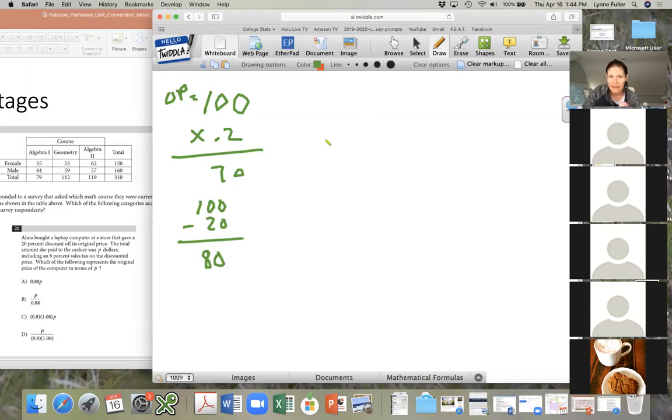Instead of jumping into a two-step problem, I like to think in the one-step way, which is if the computer was $100, she's actually paying 80% of the price.